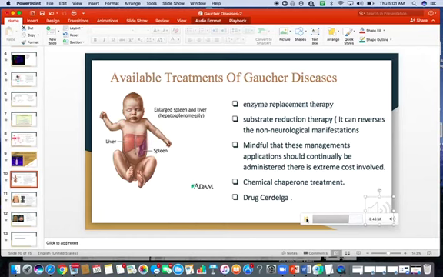It can also be treated with a drug known as Cerdelga, sorry. And it can also go through a chemical chaperone treatment.